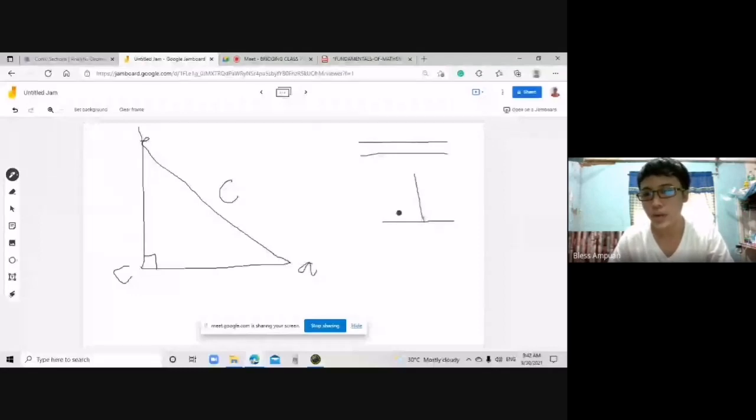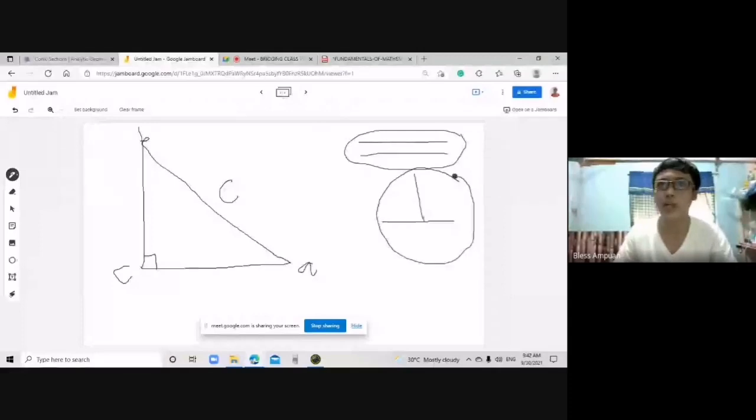So if we have two lines, this is parallel lines. But when we say perpendicular lines, this is a perpendicular line. Automatically, when some lines are perpendicular with each other, this angle is 90, and this is also 90.